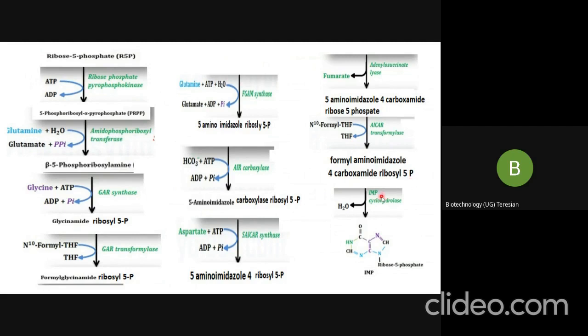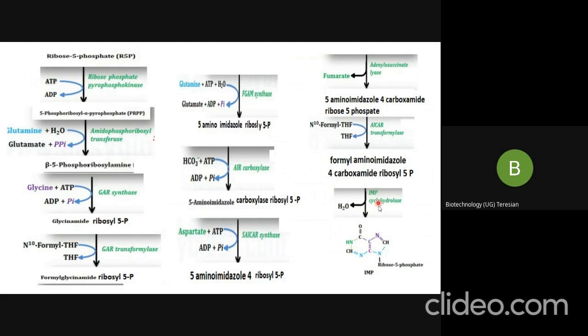In the next step, you can see the ring closure occurs to form inosine monophosphate, or inosinic acid, with an elimination of water in the presence of the enzyme cyclohydrolase. So this is an important reaction because this is where the cyclization of the imidazole group occurs.